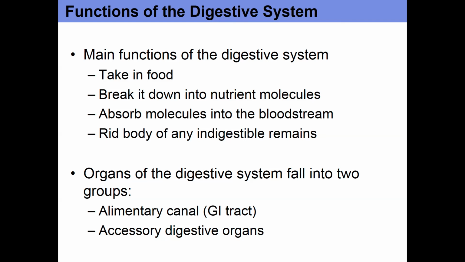And then once we move it from the mouth into the esophagus, into the stomach, and eventually into the small intestine, we're going to absorb those molecules into the bloodstream. So we'll move things like carbohydrates from the lumen of the intestine into the bloodstream, same thing with protein, same thing with fat. And then the last thing there is anything that we have to get rid of, so we'll rid the body of any indigestible remains.